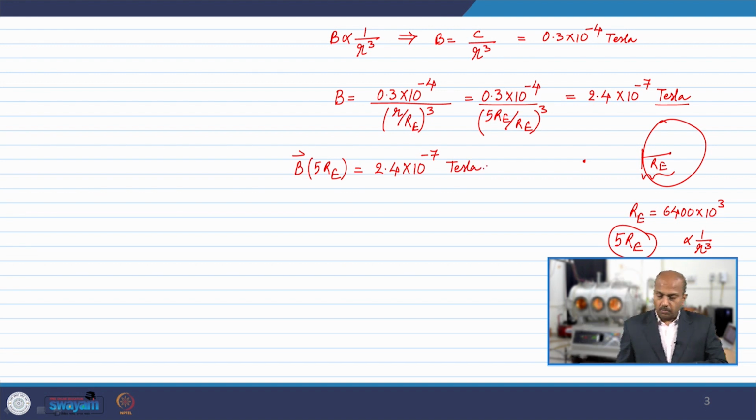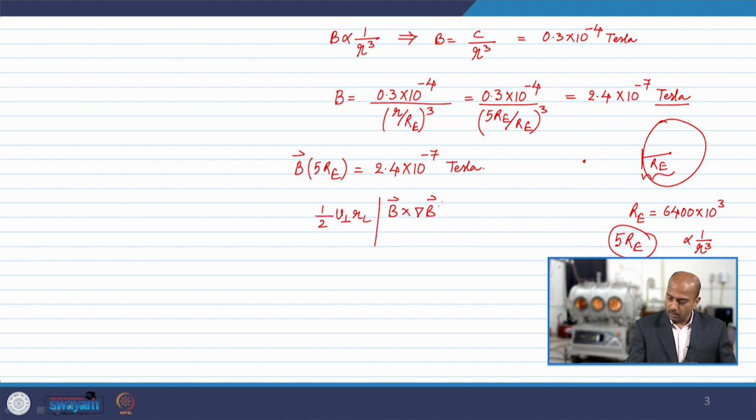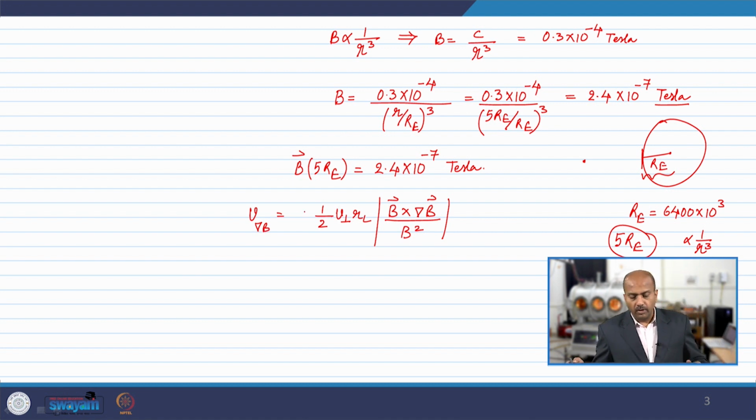Right. Now, let us bring the formula for the gradient drift, which is half V perpendicular RL times B cross del B by B square. What is this? This is V del B. Where is charge?